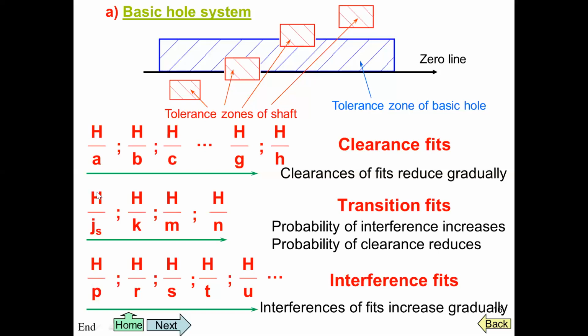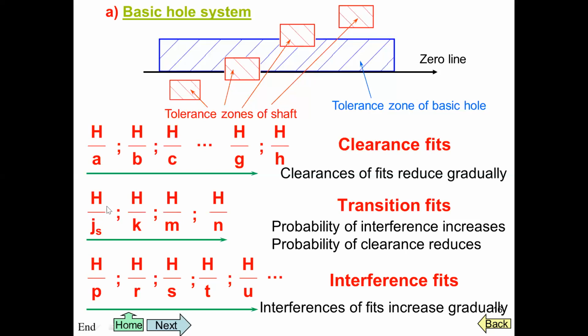That means for the first fit, S over JS, the probability of clearance is bigger than the probability of interference. Maybe in the first fit, the probability of clearance is about 80%.